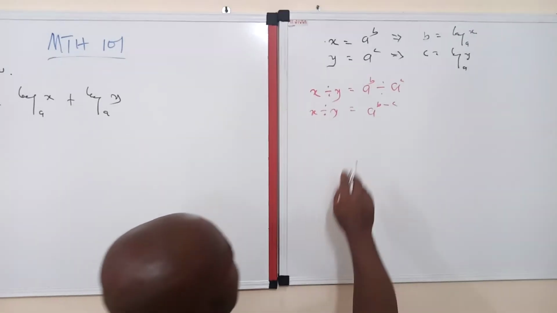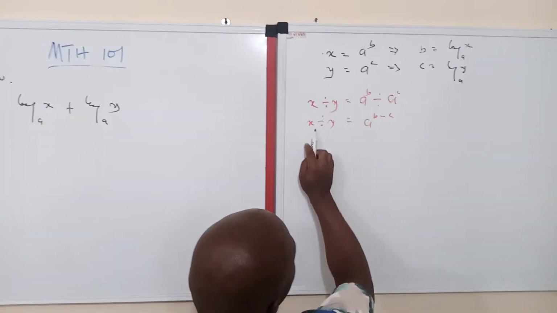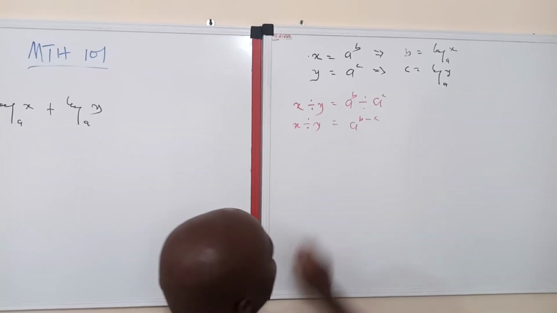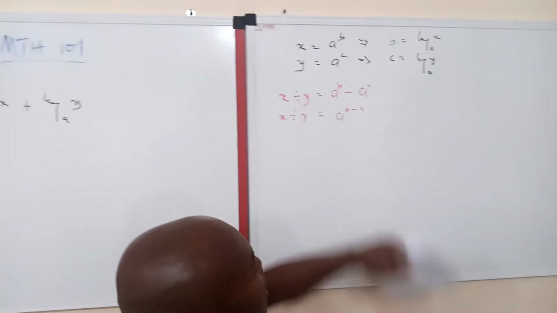Now, if you look at this critically, you can see that x here is this term, a here is the base, and the power here we have in terms of b minus c. So we can write this expression in terms of logarithm.